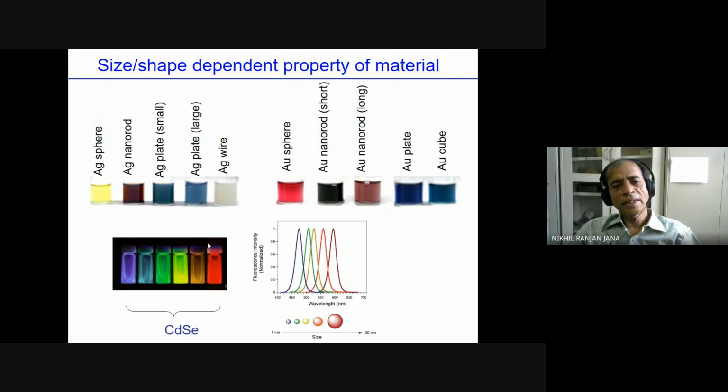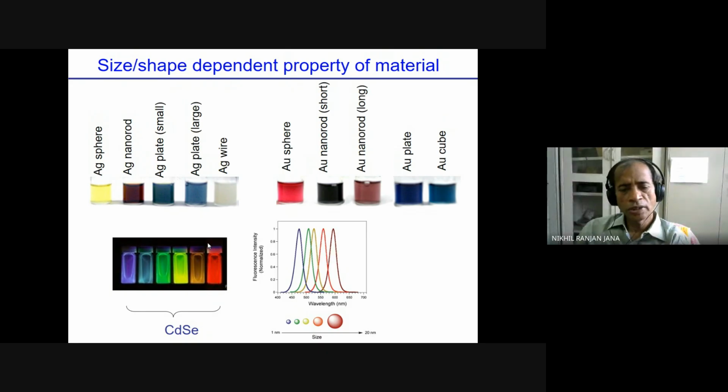But these changes you have to do at nanometer scales, typically between 10 to 100 nanometers. Same for gold. They are colloidal particles. They have very strong colors. These colors can be tuned by changing their size or shape.